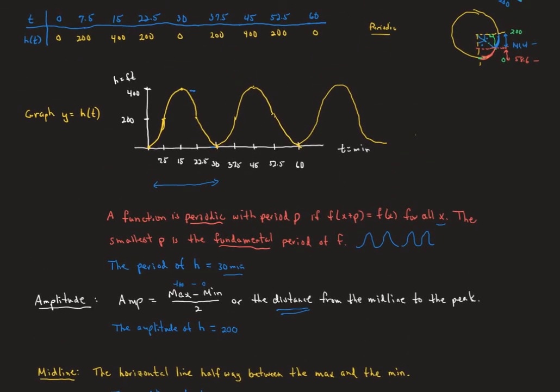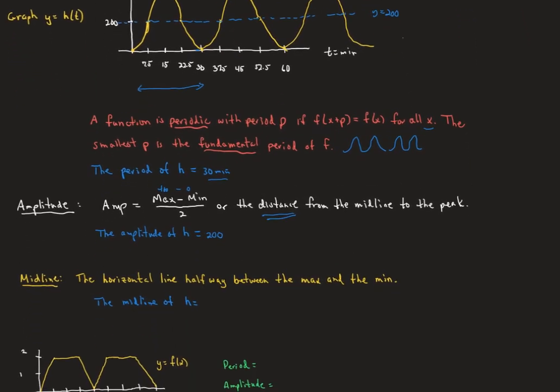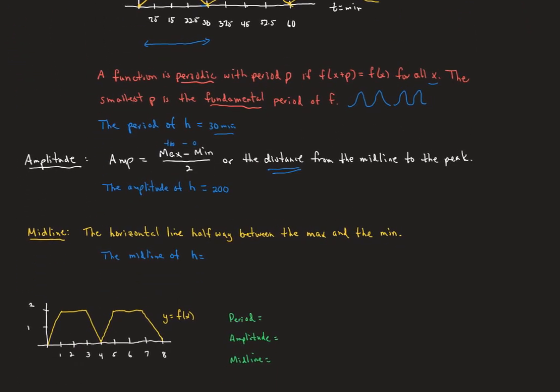I'm going to scroll back up here. So this is the midline of our periodic function, that line that cuts the graph in half. Our midline was the line y equals 200 for h of t.